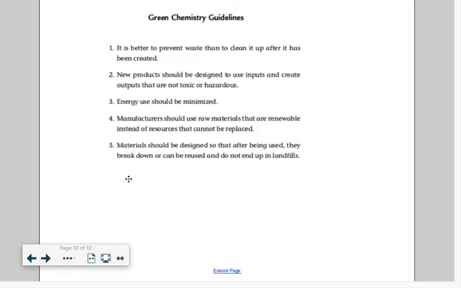If you look at number 2, I really like that one. I like all 5, but number 2 is good. It talks about new products should be designed to use inputs and create outputs that are not toxic or hazardous. In other words, what new products can we make, or maybe instead of a copper circuit board, what other product could we use that wouldn't be as toxic or hazardous?